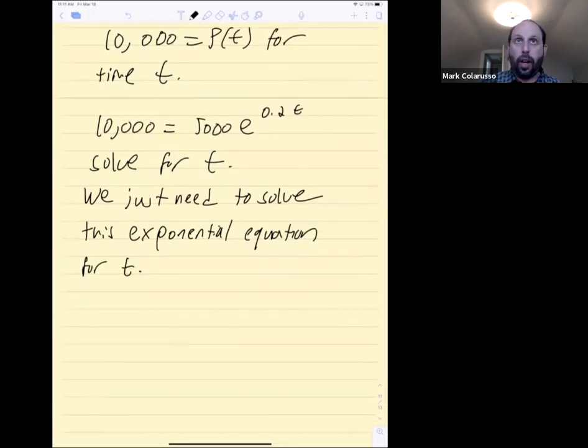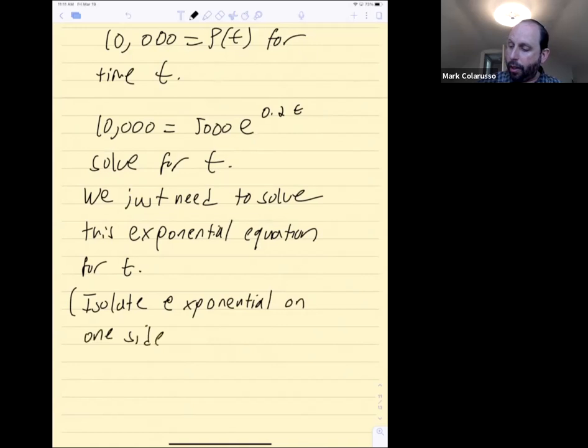Okay, so we know how to do that. We isolate the exponential on one side, and then take the natural logarithm of both sides.